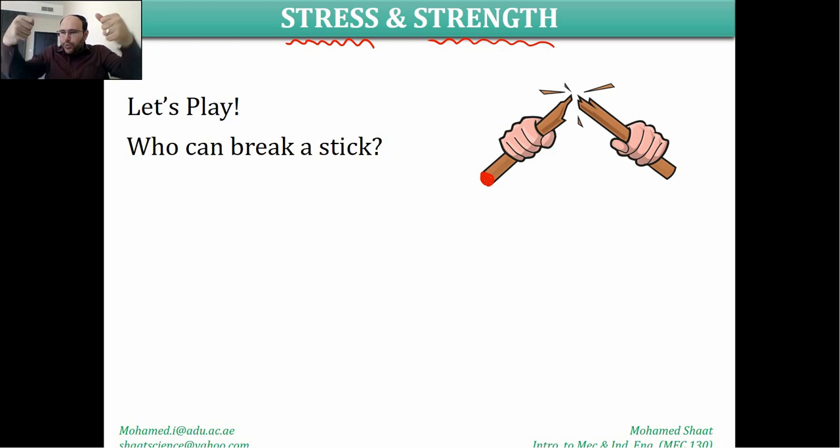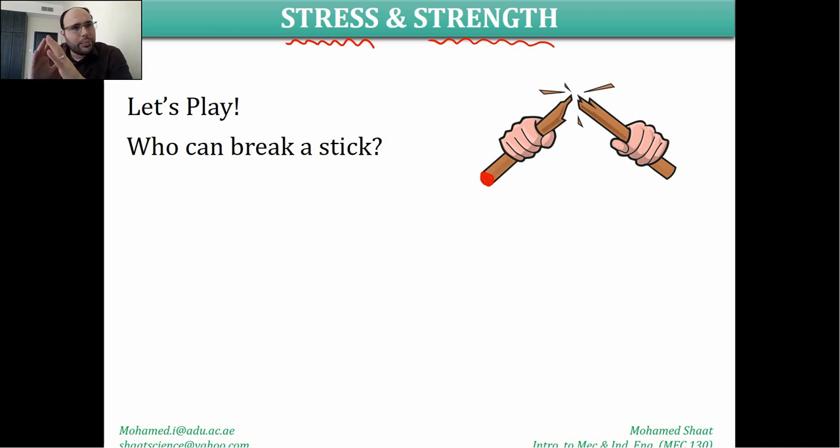When you try to bend, you are applying a moment over this stick, so you can break it. It means that you are capable of producing a certain amount of stress acting over this stick to break it. Initially, the stick was weak because the diameter was small. As we increase the diameter, it becomes stronger, until you reach a certain diameter where you will not be able to break it anymore.